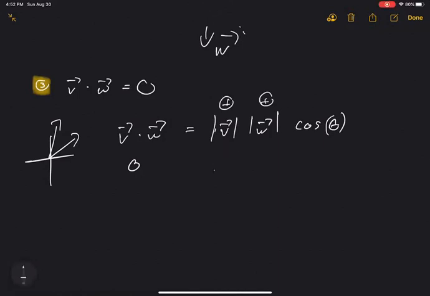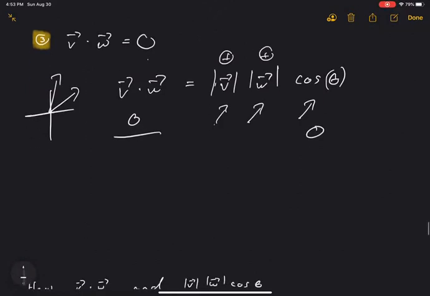Well then, for this side to be 0, and this positive, that means that cosine of theta has to be 0. Well, when is cosine of theta 0? That's at 90 degrees, pi over 2.